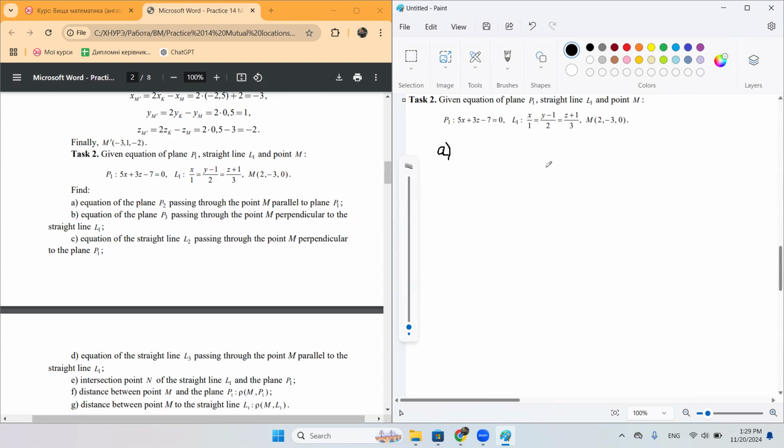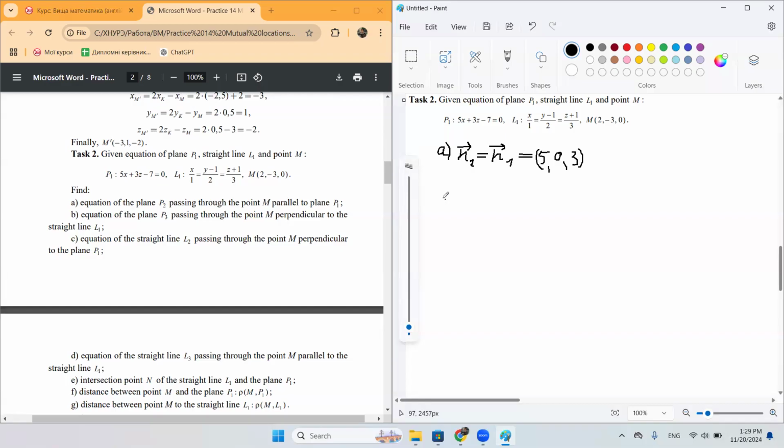Well, so we need a normal vector for the plane P2, and it is equal to that of P1 because plane P2 is parallel to P1. 5, 0, 3 are the coordinates of this normal vector.